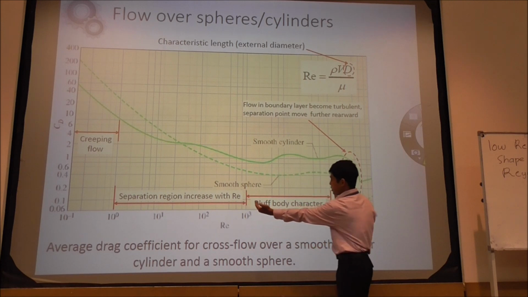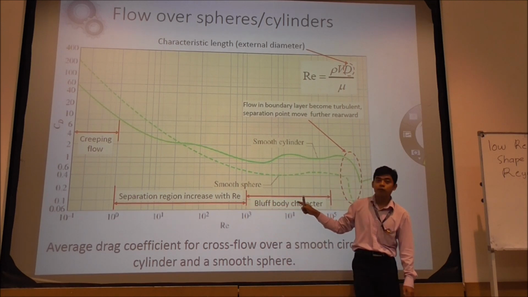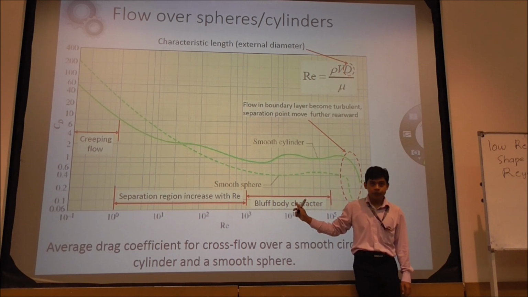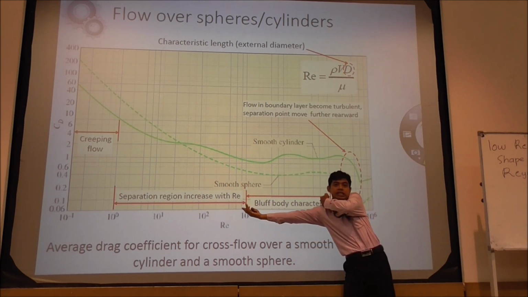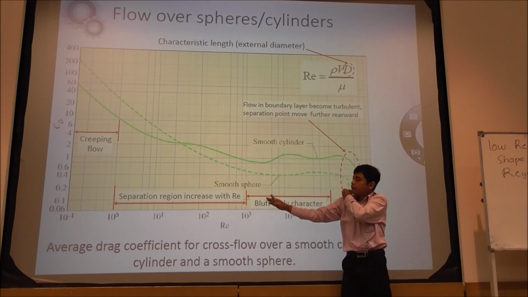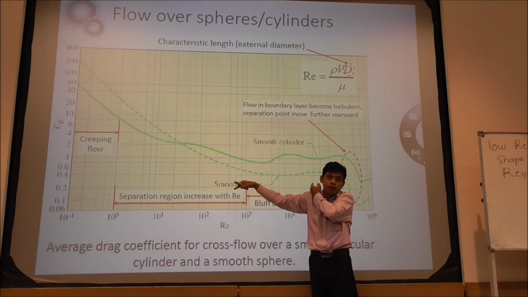In this region, this is your bluff body characteristic. This one is the one that you have in the table. So the value you have in your table, L over D equal to blah blah blah, is actually only representing this region. What happens if you have a region beyond that? You cannot use that table anymore.